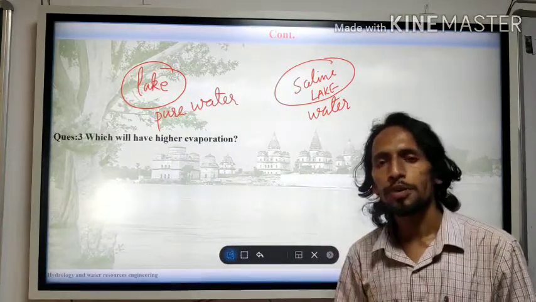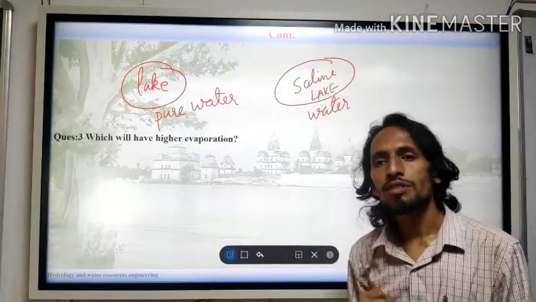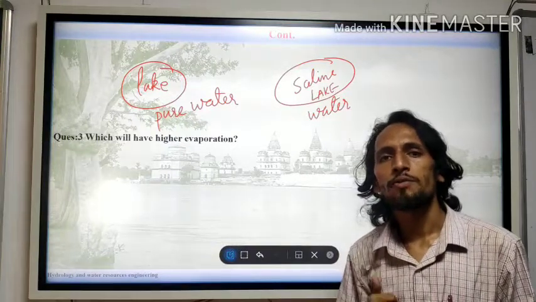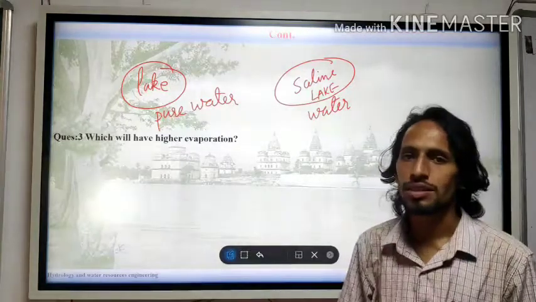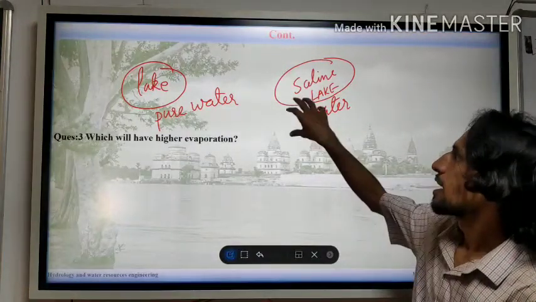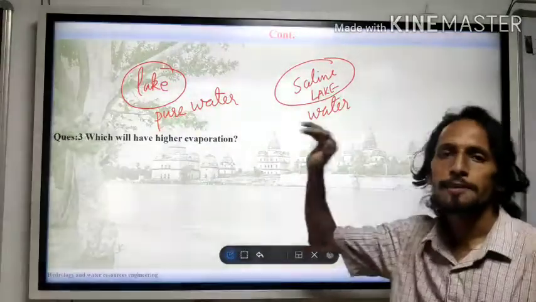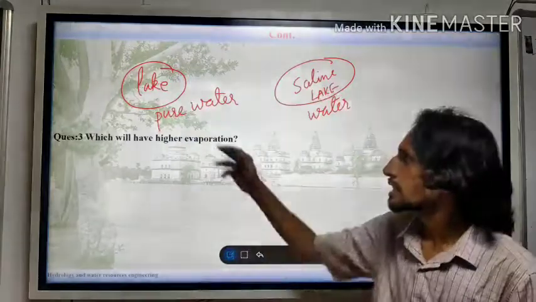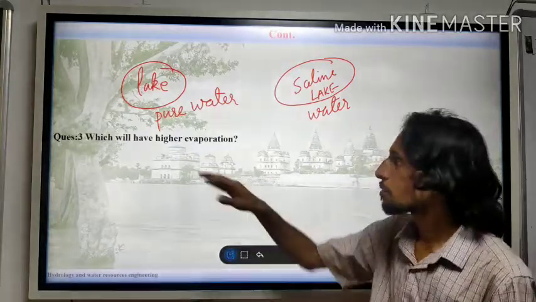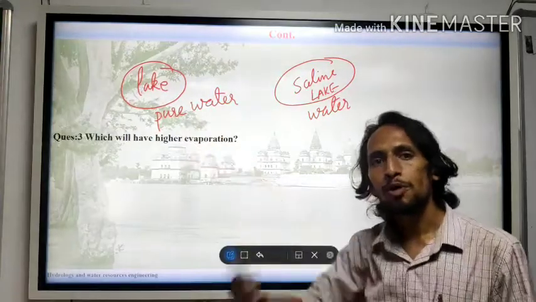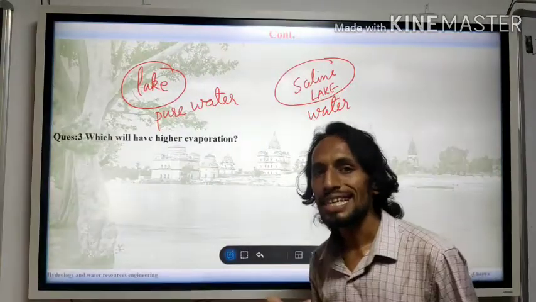Just look at your formula. If you dissolve some solute in water, the vapor pressure decreases, due to which evaporation becomes difficult in the solution. Thus the pure system can be evaporated easily, so evaporation will be higher in the pure water, whereas in the saline lake there will be lesser evaporation.